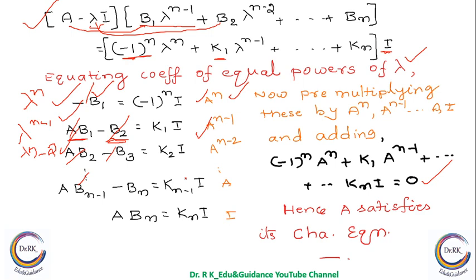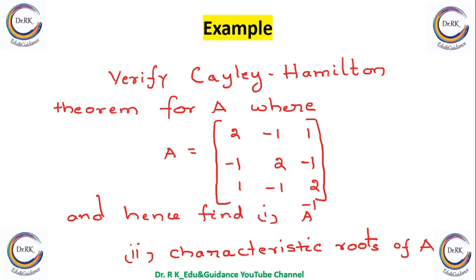Doing a problem is very simple, almost like doing a problem in high school. Here, verify: this is also a compulsory question in most examinations wherever this topic is in the syllabus. Verify the Cayley-Hamilton theorem for the matrix A, where A is this, and hence find A inverse.